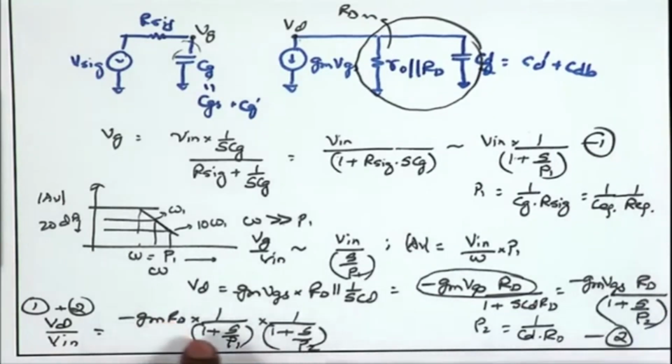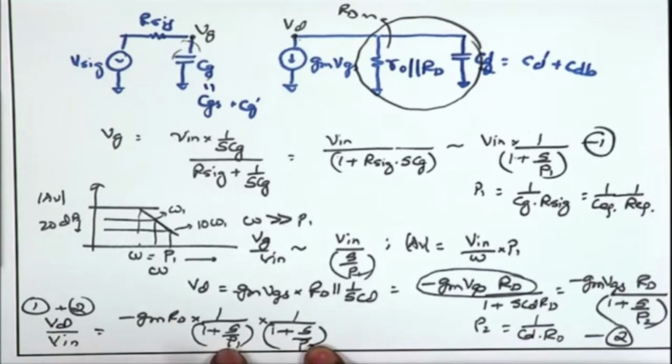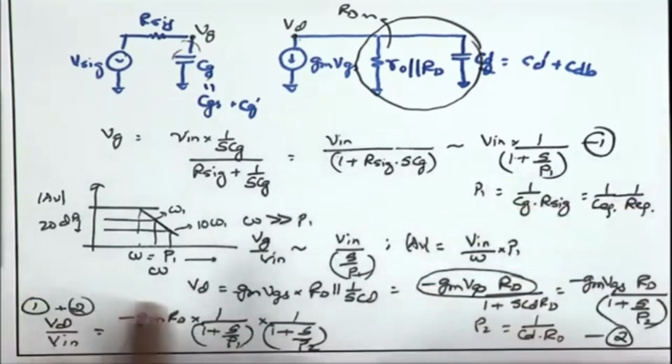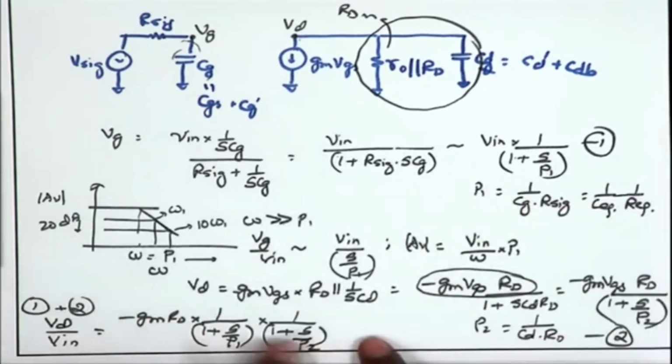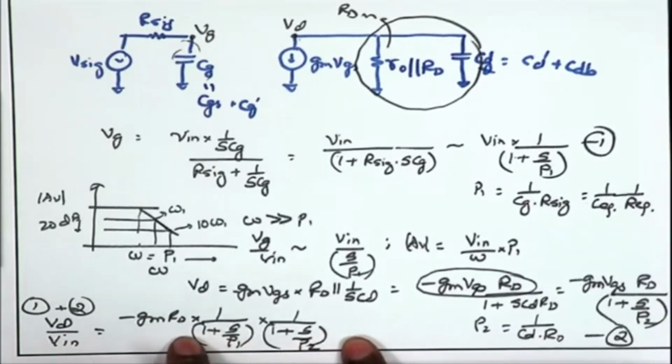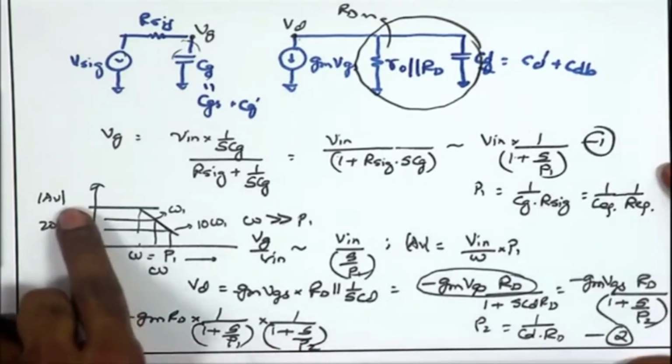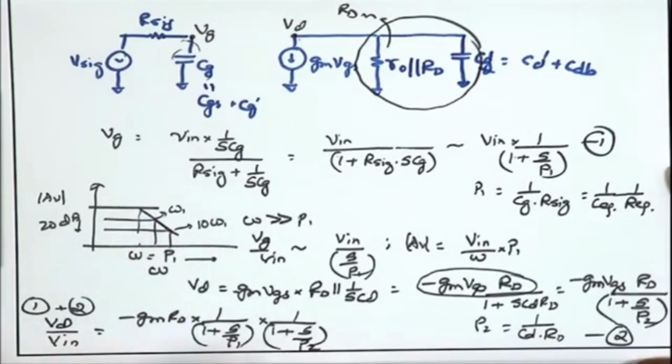So, in this transfer function, the Gm Rd term is a low frequency term which comes when you ignore the effect of the high frequency parasitic capacitances. But once you include the effect of these parasitic capacitances, you have these two frequency dependent terms coming into the picture, which say that at higher frequency the gain is going to drop. And from this expression, we can find out the shape of this transfer characteristic mod AV with respect to omega.